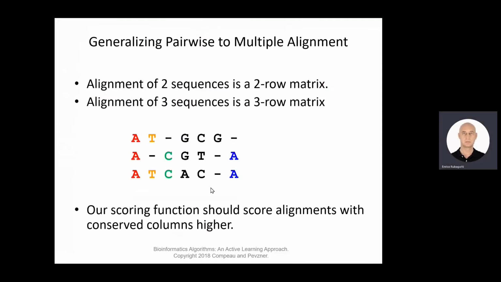Now I'm going to present the alignment of the 3 sequences in a 3-row matrix. And we wish to get a scoring function of all 3 sequences that scores conserved alignment higher.